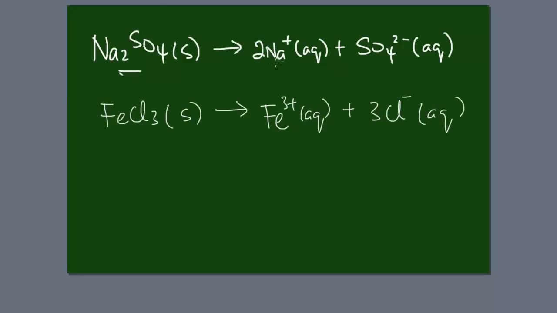I have the Na plus here meeting the Cl minus, so I will form NaCl. I have the Fe3+ meeting the SO4 2 minus in the solution, giving Fe2(SO4)3. Then I will check for their solubility.